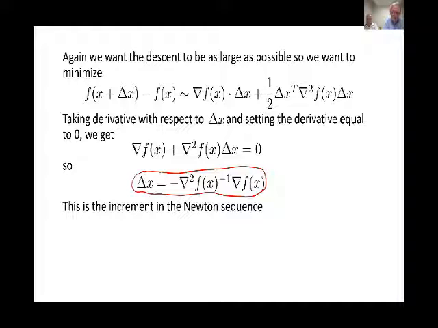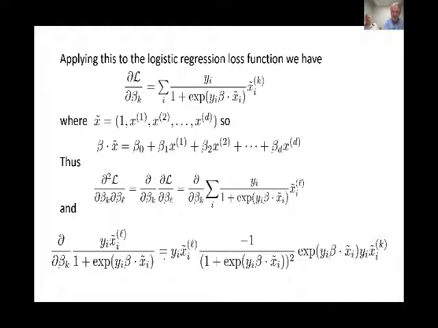So again, we start with some x, compute this delta x, and the next one we use is x plus delta x. This is now x1, and we do the same with x1: x1 plus delta x1 is x2, and we continue this way. That is going to converge to a minimum, and it converges very, very fast.